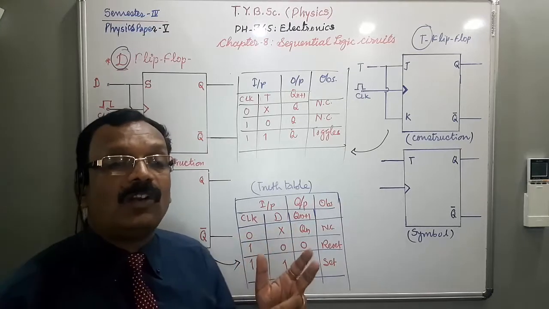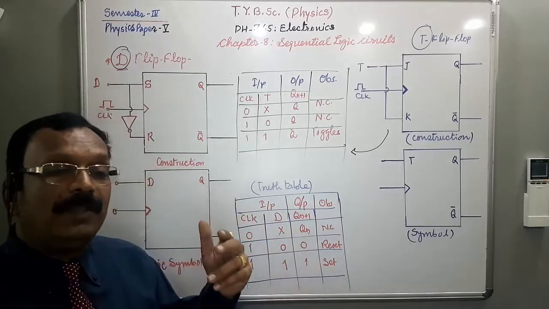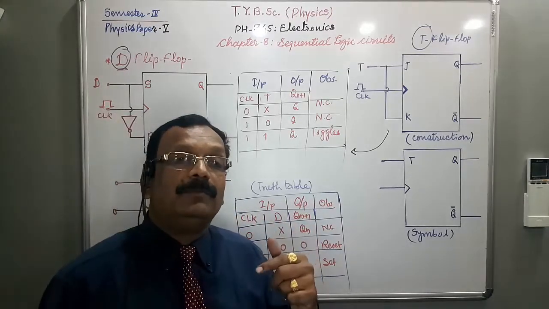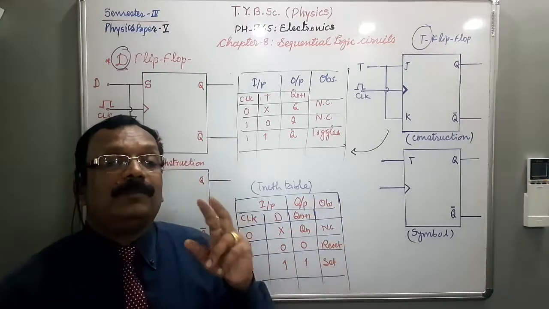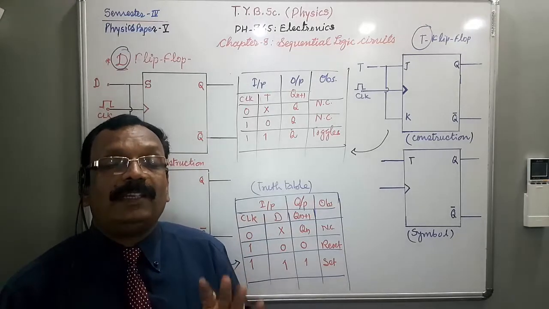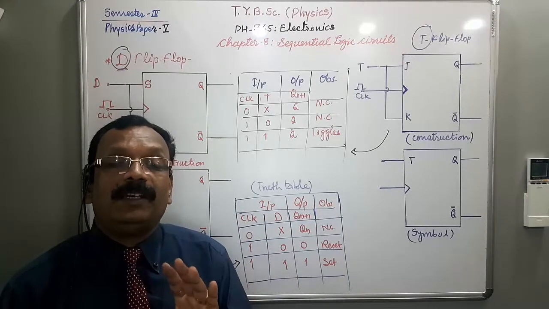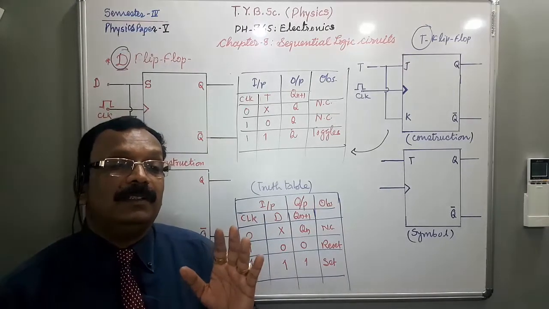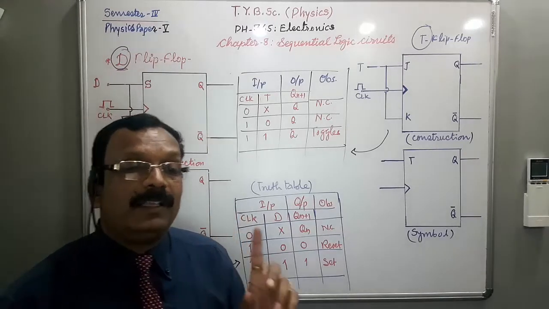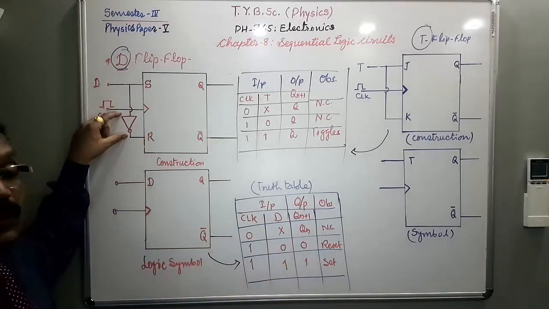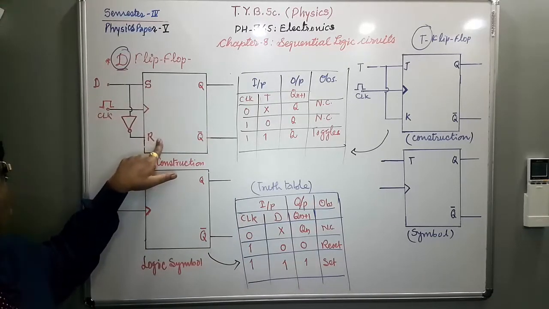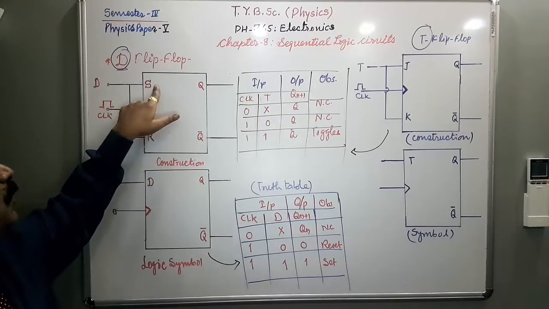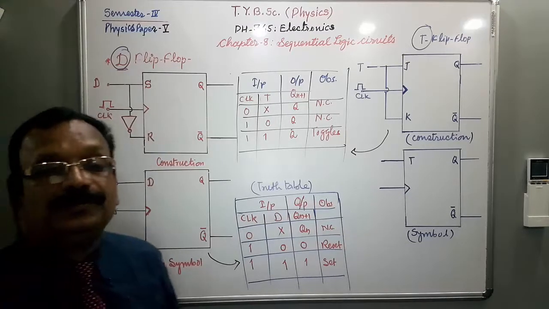This problem can be solved by simply connecting an inverter between S and R. When S is equal to 0, R is equal to 1, and when S is equal to 1, R is equal to 0.